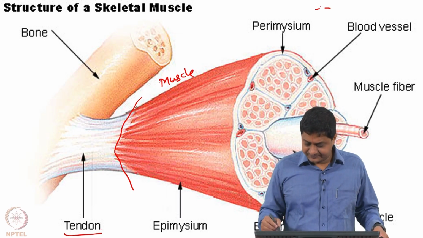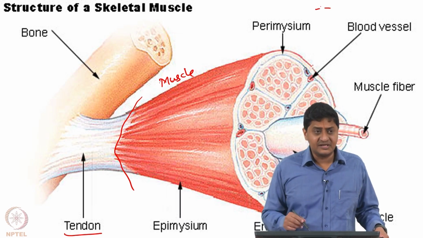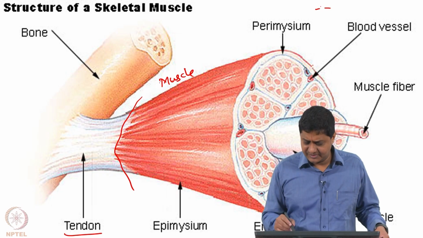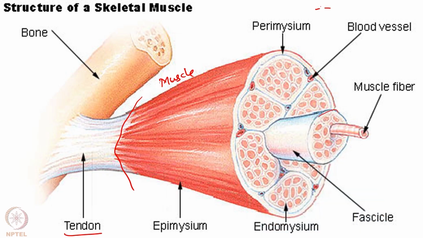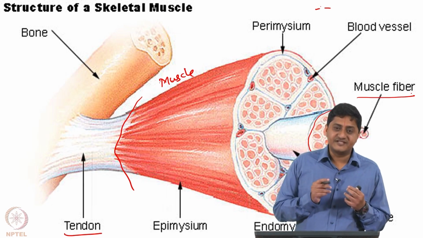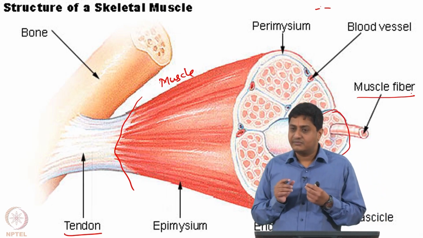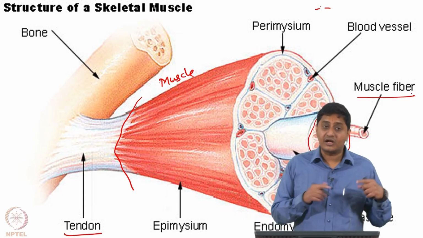Within the muscle there are several bundles, primary bundle, secondary bundle, tertiary bundle, etc., and within the smallest bundles there are fascicles that contain arrangements of muscle fibers. An important point to note is that the fibers within the fascicle are parallel to each other, but the fascicles themselves are not parallel to each other.